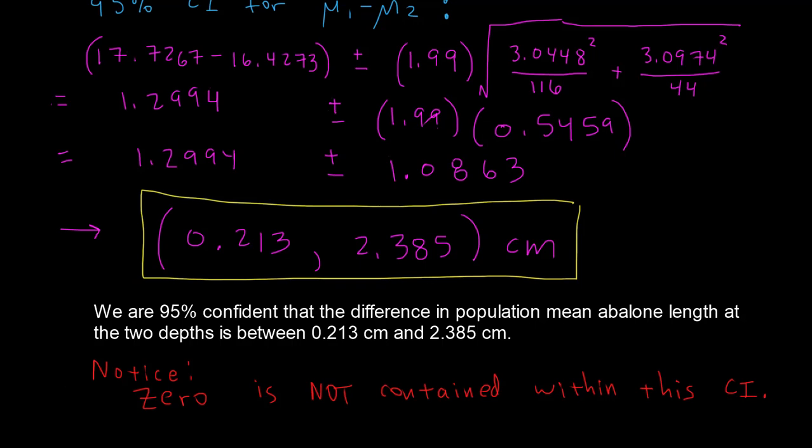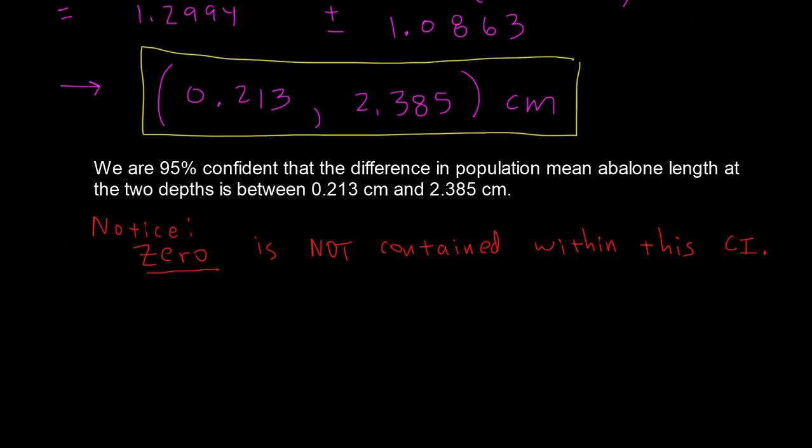Why am I making a big deal about the number 0? Because this is a confidence interval for a difference, a subtraction. If two values are subtracted and you get a 0 as the result, then the two values that you started out with must have been the same. 10 minus 10 is a 0. 5 minus 5 is a 0.